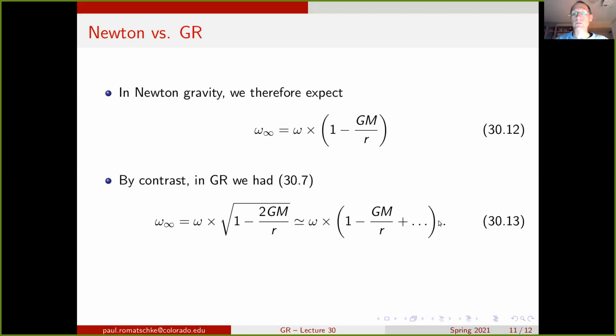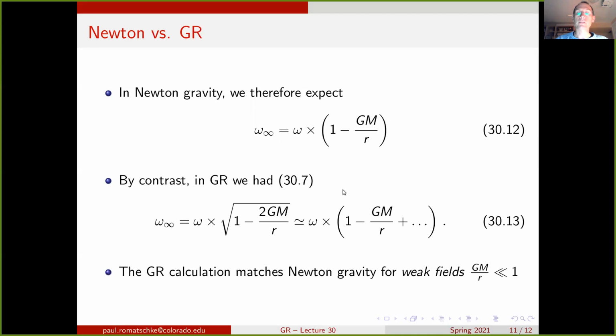But there are some additional terms that come from the infinite number of Taylor series coefficients of the square root. But the first two terms match, so the calculation in general relativity indeed matches the calculation in Newtonian gravity for weak fields GM over r.